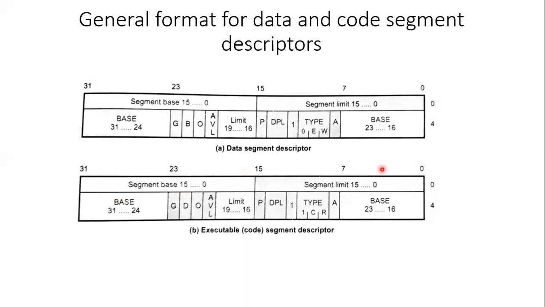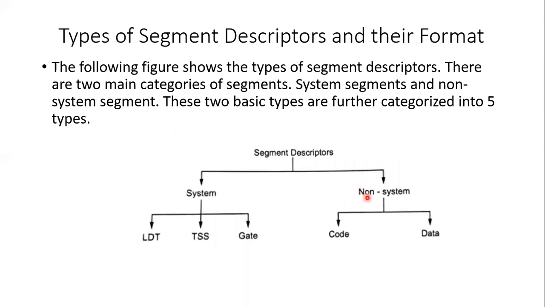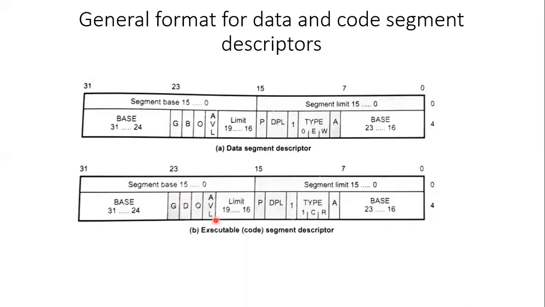So this is the general format for the data and code segment descriptors that fall under the category of non-system segment. See over here, non-system segment, and the first category is what? System segments. We will see the description of these bits one by one, what they are telling us.